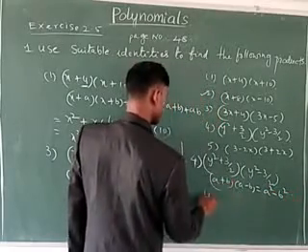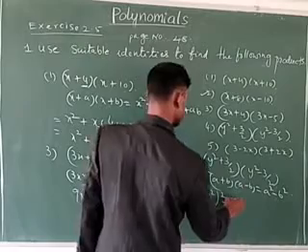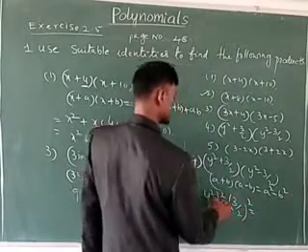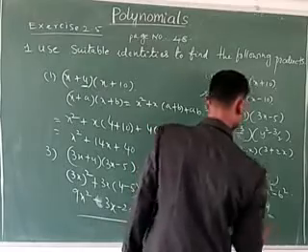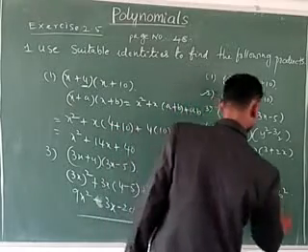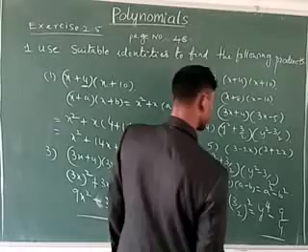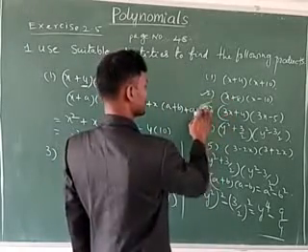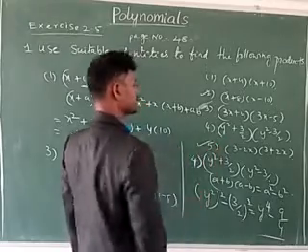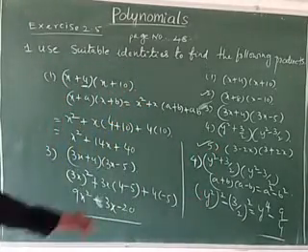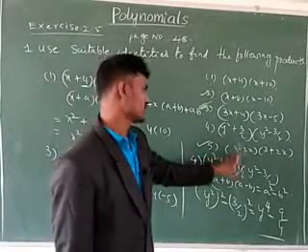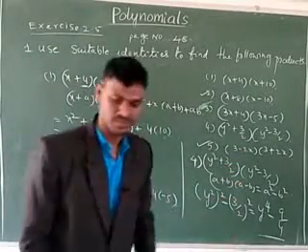Now this is (y square) whole square minus (3 by 2) whole square, that is y to the power of 4 minus 3 square, 9, by 2 square, 4. This is the answer. Now you have to try these two problems at home, the second and fifth one, following the same formula and method.